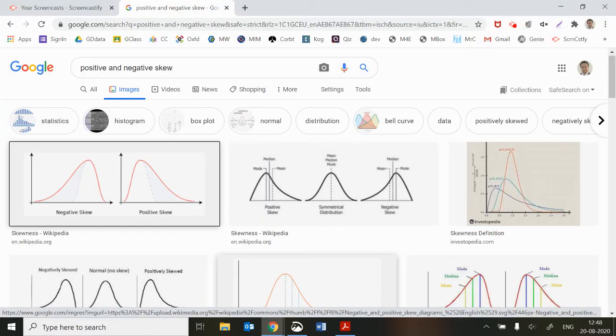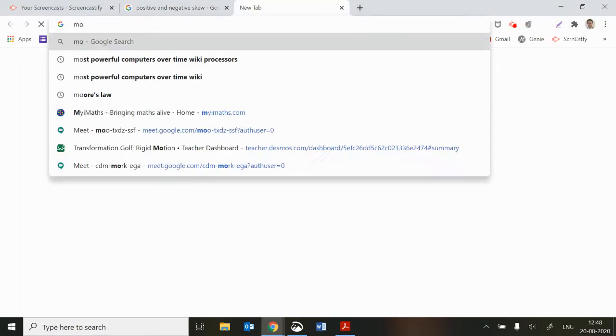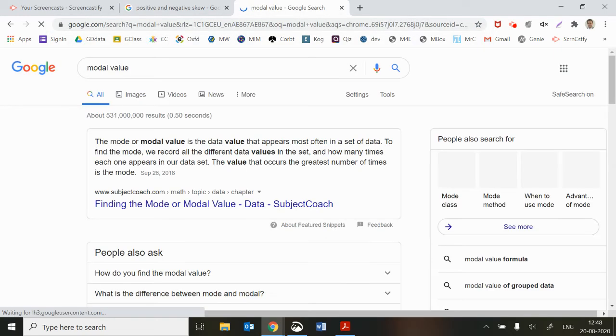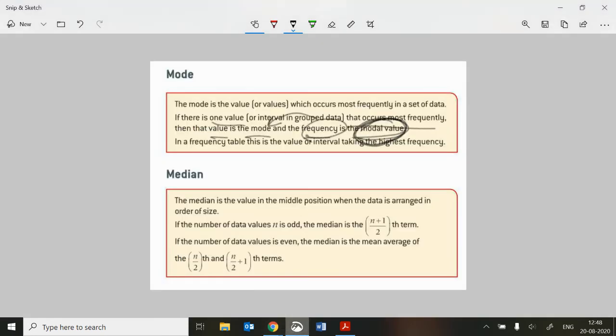Let's have a little look. The mode or modal value is the data value that appears the most often in a set of data. In fact, the modal value is the same thing. So the book is saying the value is the mode and the frequency is the modal value, and I think that's wrong. The mode and the modal value are the same thing.